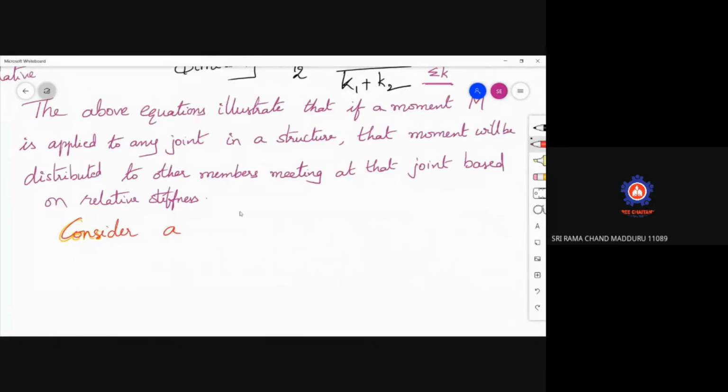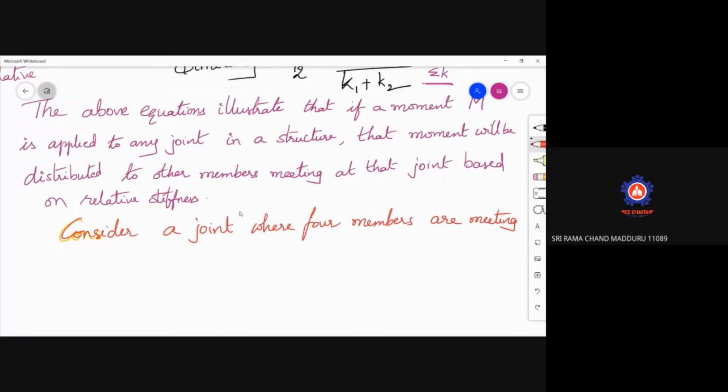So next one is, consider a joint where 4 members are meeting. Till now what you have done is you have considered only a continuous beam, where at the joint only 2 members are meeting.